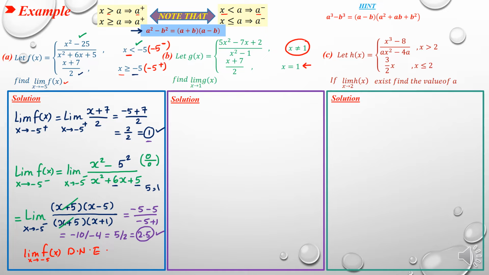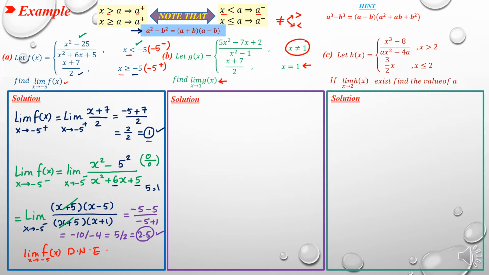This is what you have to find: the limit of g of x when x goes to 1. No need to find the limit from the right and from the left, because not equal means greater than and less than as well.